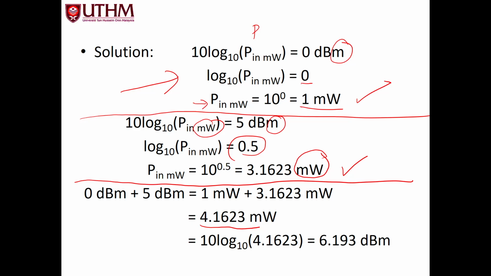You can cancel out milli and milli, so you get 4.1623. 10 log of this, you get 6.193, but the unit must be in dBm, because the reference value is 1 milli.